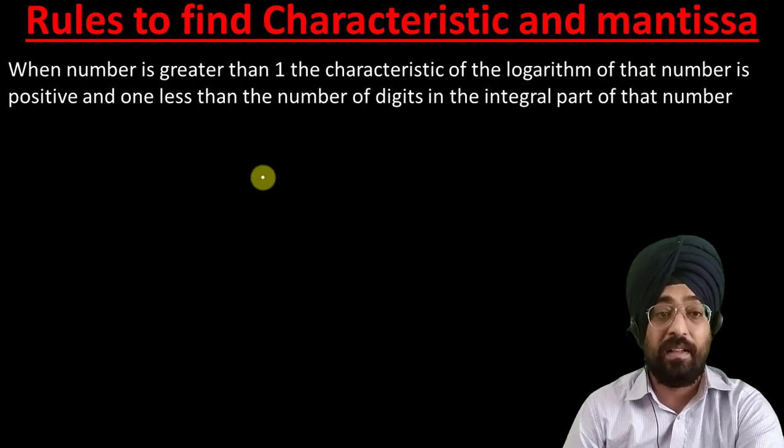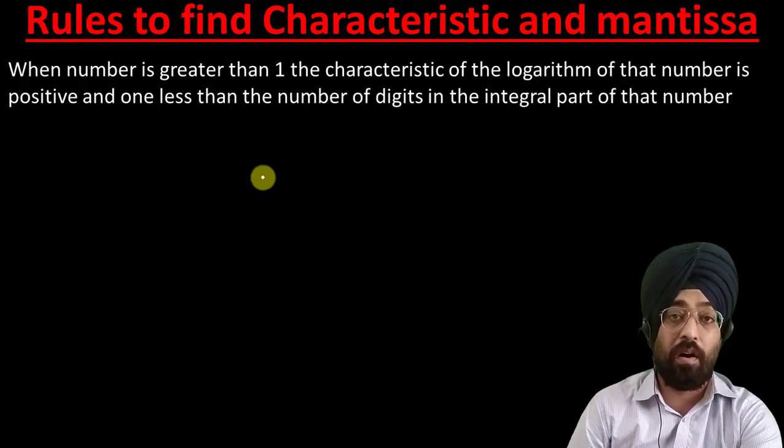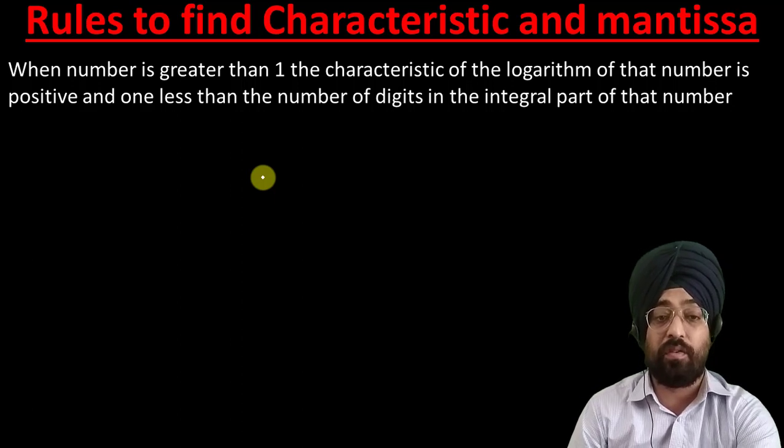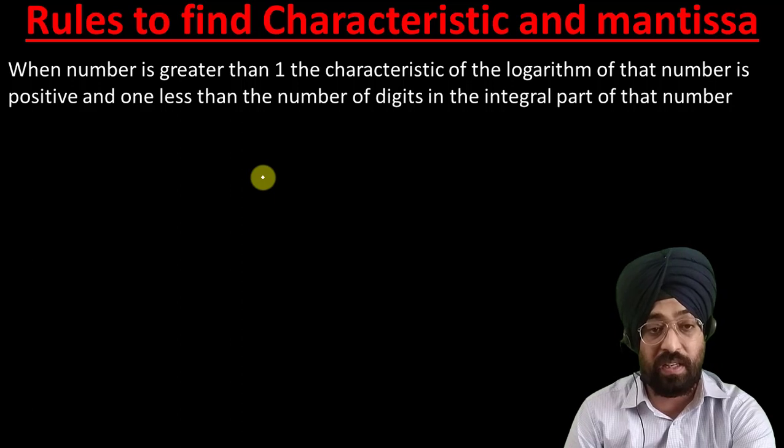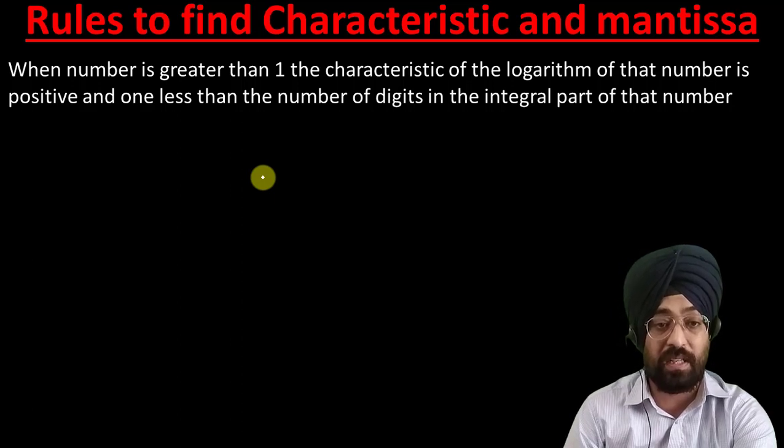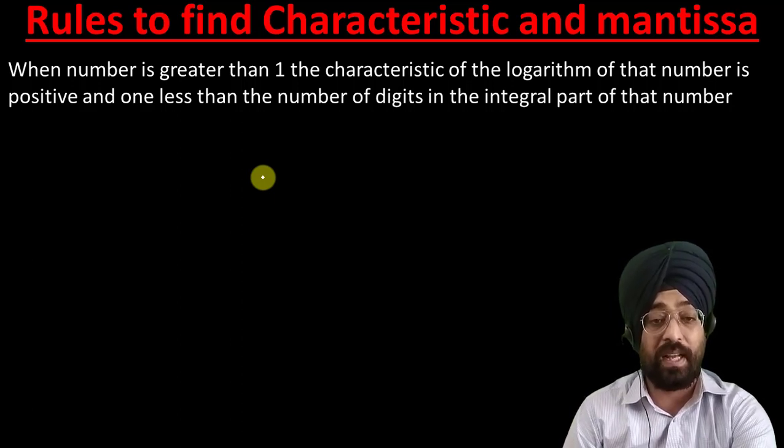So as I said, if we have to find the log of any number, then we need two parts, characteristic and mantissa. And if the log of a number is given, it is very easy to find the characteristic and mantissa, as I have explained. But if a number is given whose log we have to find, then how to find the characteristic and mantissa? There are rules.